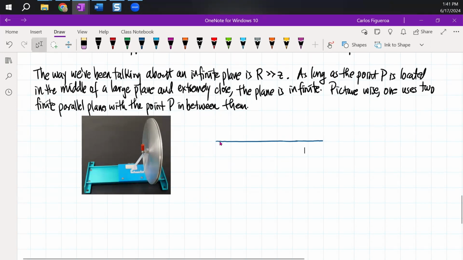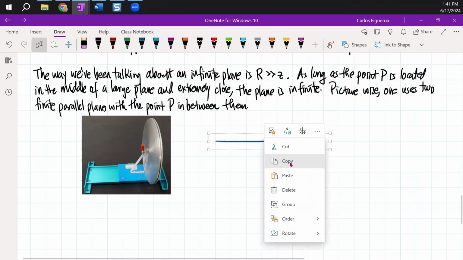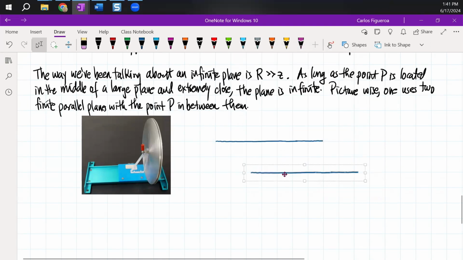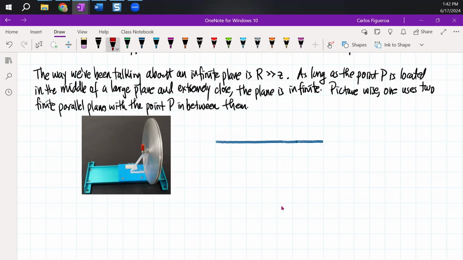Now I have to create the same thing, but bring these as close as I can. And you can clearly see that there's a separation right there. So if I come in here, I'm going to put my point right there. That's going to be my point P. Now because it's so close, I can't see the ends.